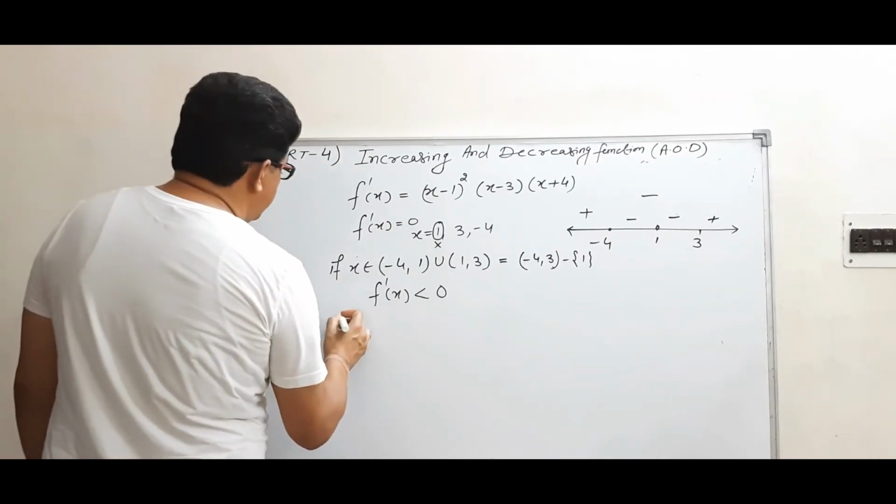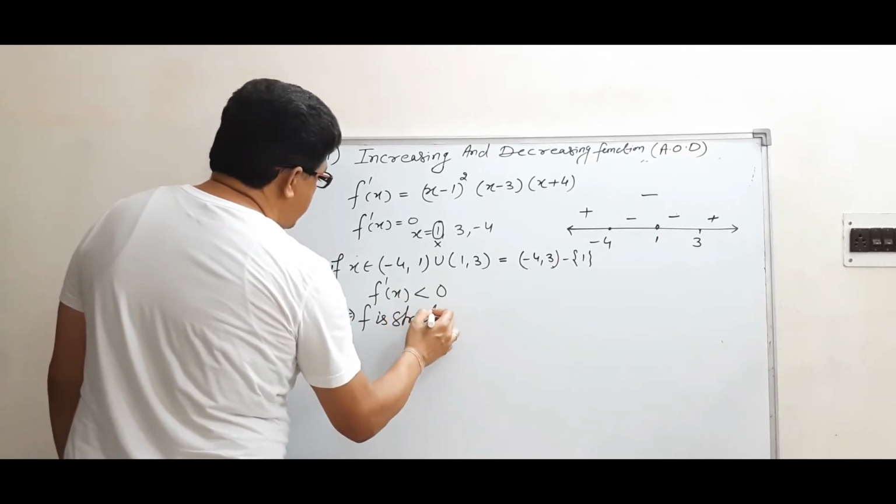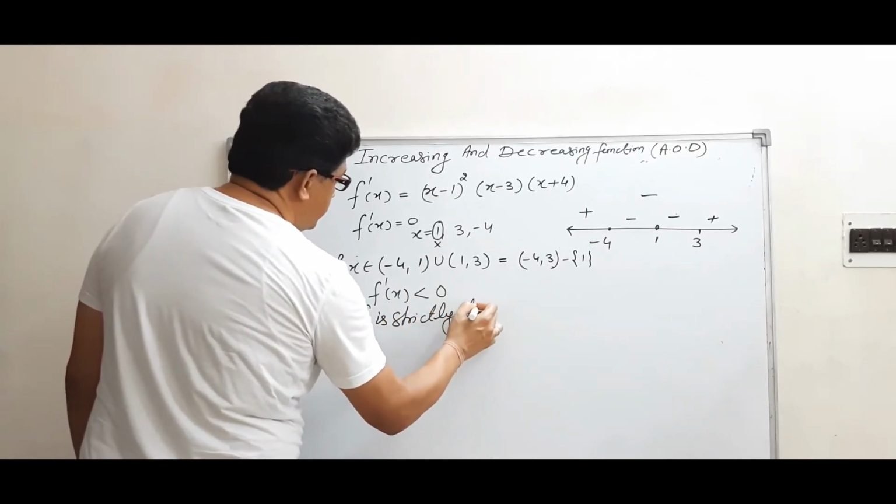f dash x less than 0, f is strictly decreasing.